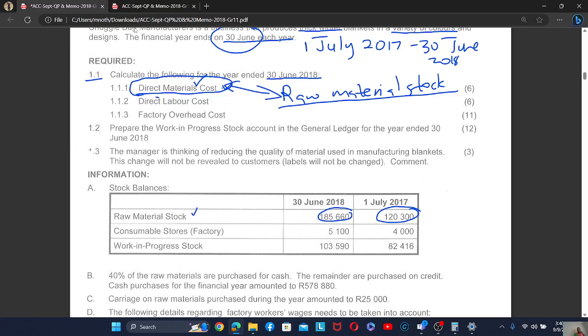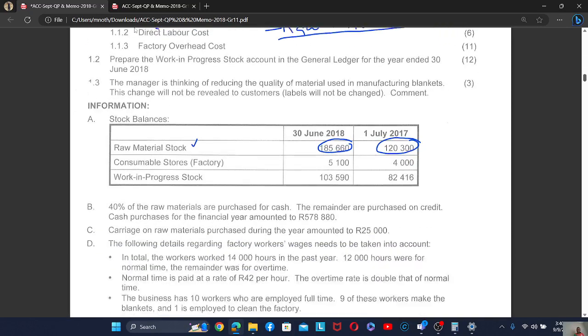Now, let's check if there was raw material bought during the year. If you look here in letter B, they are saying 40% of the raw material is purchased for cash, meaning that the remaining 60% is on credit, with creditors.